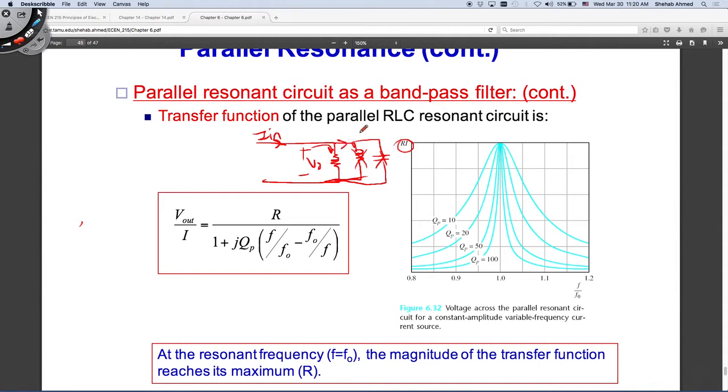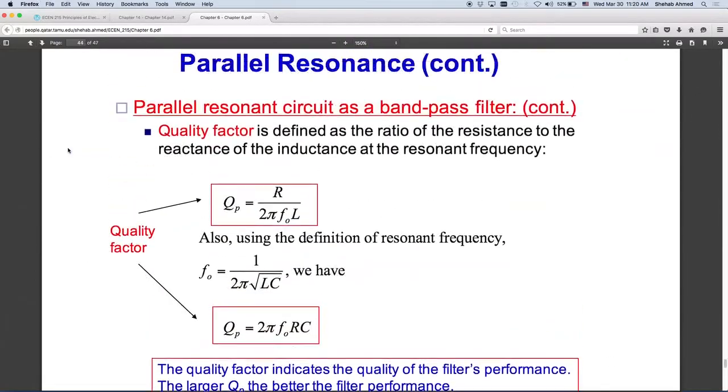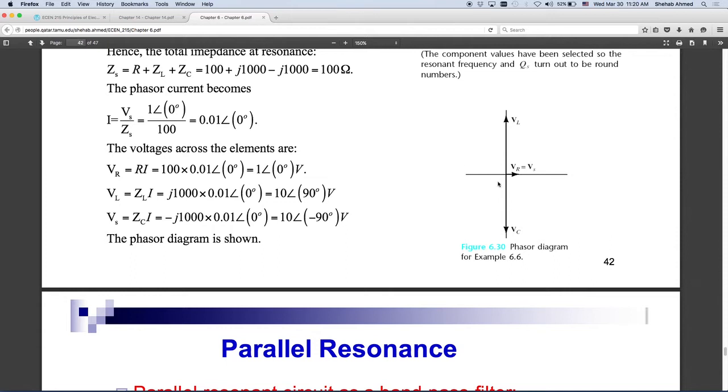So why is it? If you look at the example that we just did here, we do the phasor diagram here. At resonance, the voltage across the inductor and the voltage across the capacitor were opposite by 180 degrees. Right? What does this mean?